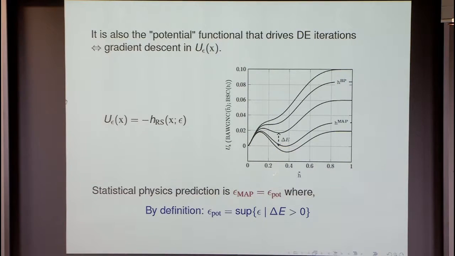So the prediction of statistical physics is that this epsilon MAP is exactly the epsilon where this curve touches the horizontal axis. Well, it's a prediction, so for the moment I just make a definition. I call epsilon potential this epsilon where the gap here goes to 0, so the highest epsilon such that the gap between the true minimum and the local minimum goes to 0. And of course we will prove in the process that epsilon MAP really equals epsilon potential.